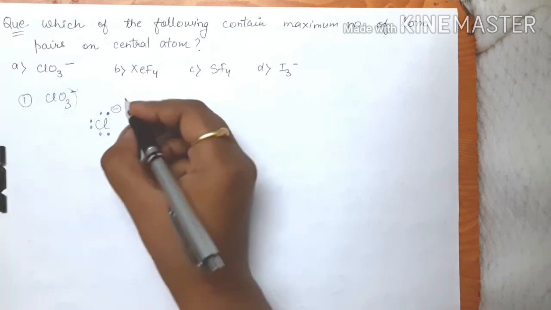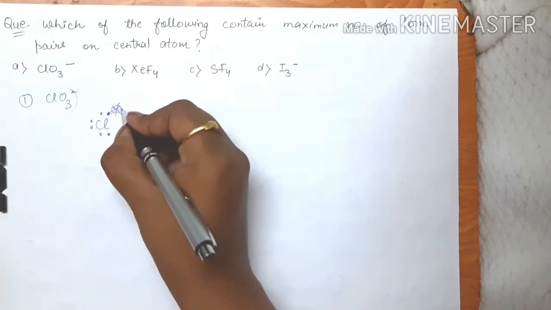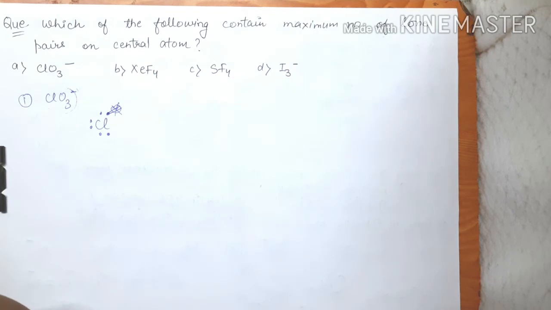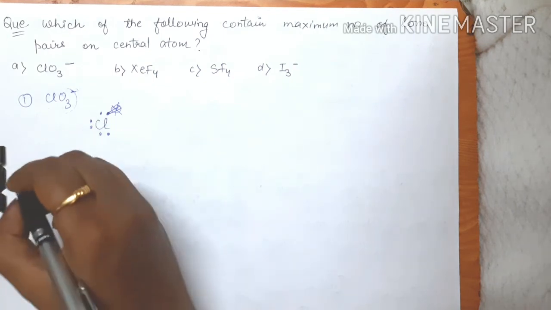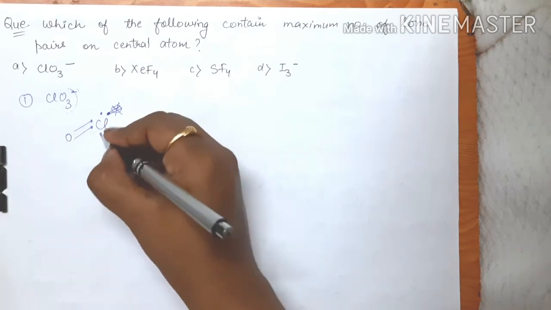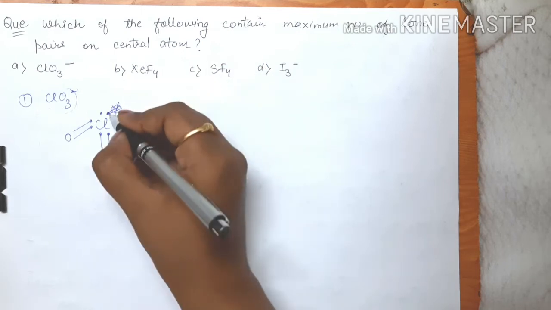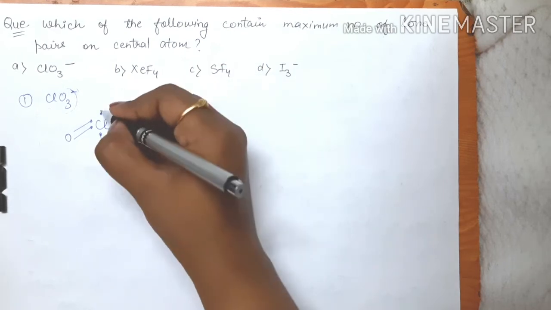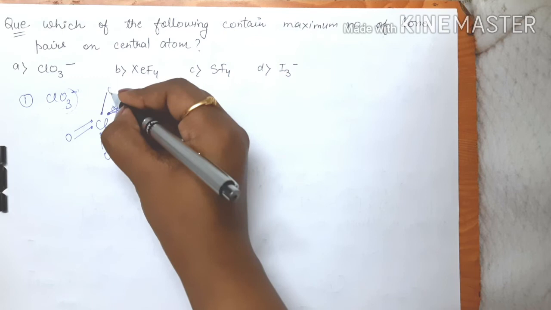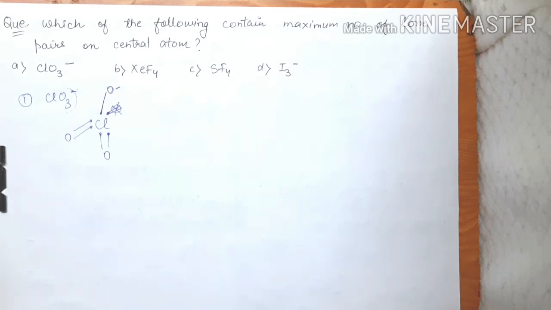So this negative charge does not remain on this chlorine, and we cannot add this electron to the chlorine. So first we'll attach 1 oxygen like this, another oxygen like this because it is bivalent, and the third oxygen, because it has 1 electron left, will be singly bonded like this along with the negative charge here, right?